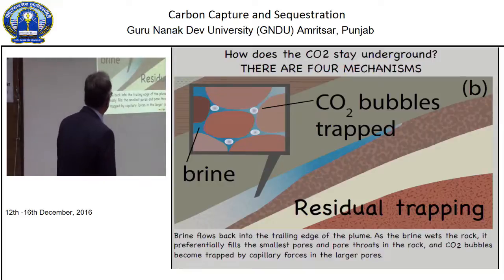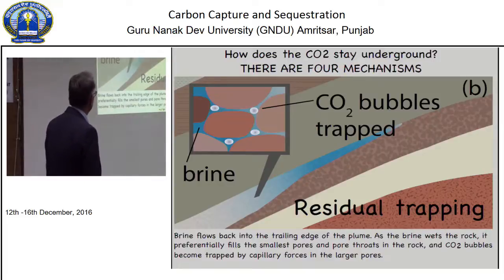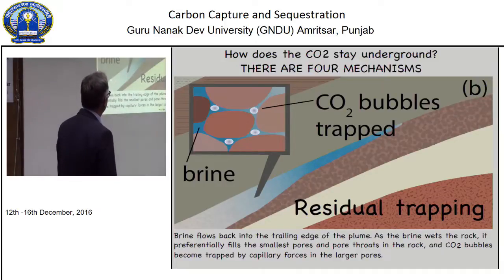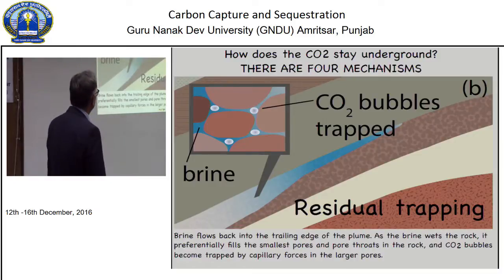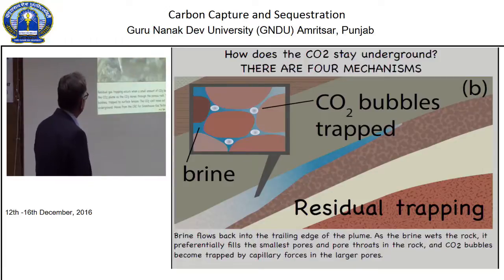The next mechanism is called residual trapping. And this is an interesting one, and I'll show you a movie in just a moment. What's happening is the CO2 is going to float uphill, and behind it, the salt water intrudes into it. And so what you wind up doing is creating trapped bubbles of CO2. Here's a movie. This is a pore in a rock, and this fluid in here is water. And what you're going to see is CO2 come through this pore.